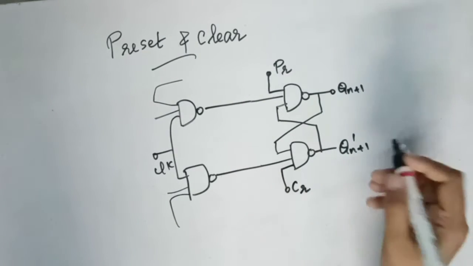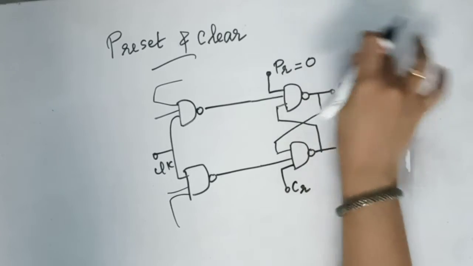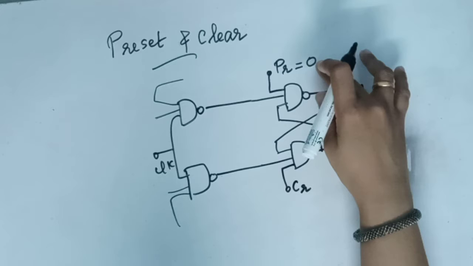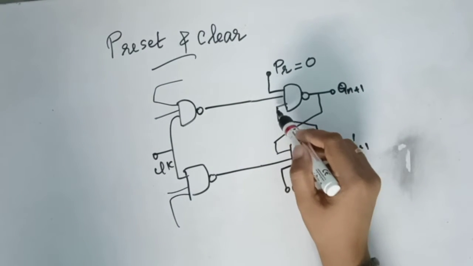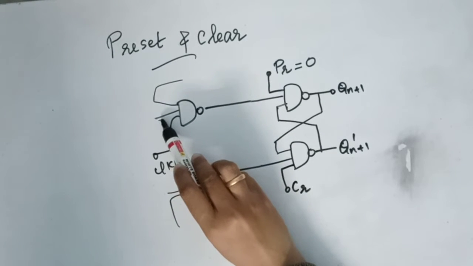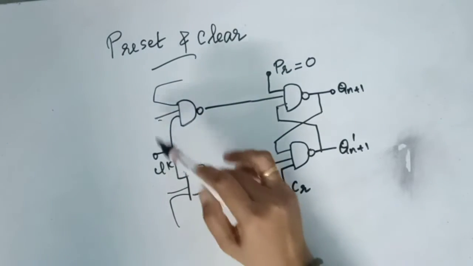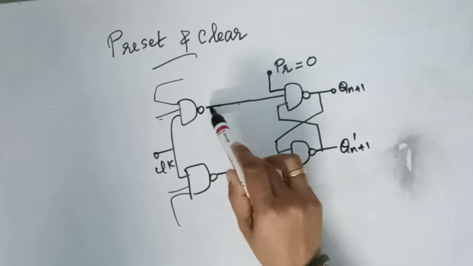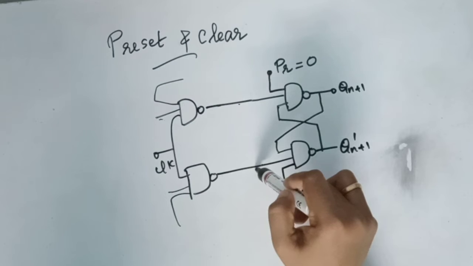So if PR is equal to 0, whatever may be the other inputs, that is S, R, J, K, D, T, whatever is given here, that will not decide the output in this particular line and in this particular line.